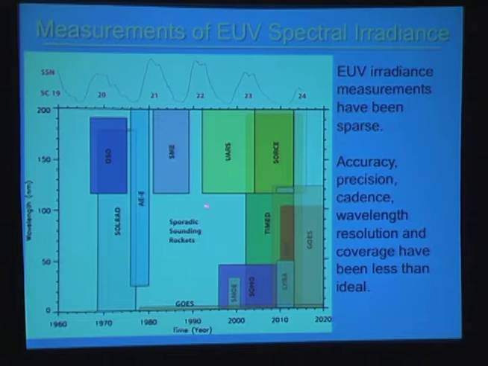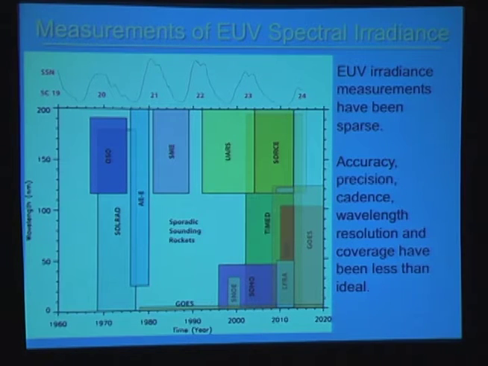It really wasn't until TIMED that we had a full spectrum measured in the EUV at a reasonable time cadence. And now with SDO and the future with GOES, we'll have that covered even better. But there's always been problems with accuracy, precision, cadence, wavelength resolution, and just time coverage.